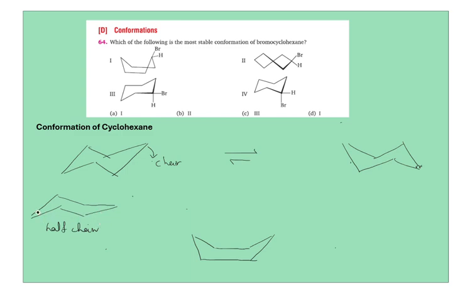And what happens to this half chair? It's not so stable as this, because the bond angle here, for this carbon I'm talking about, is 120 degree. So it wants to avoid that angle strain. So what it does is it will undergo some sort of twisting.